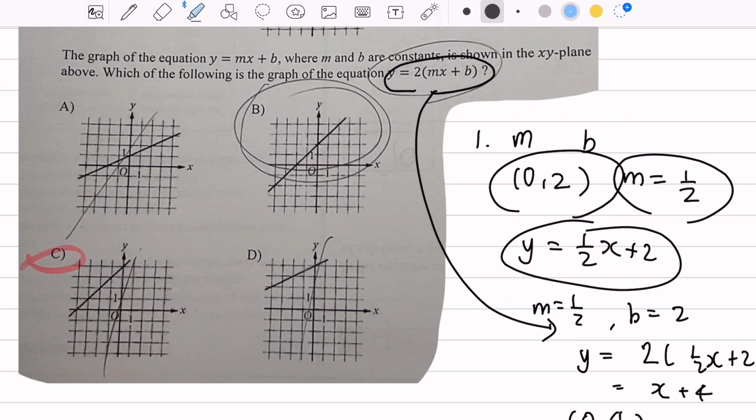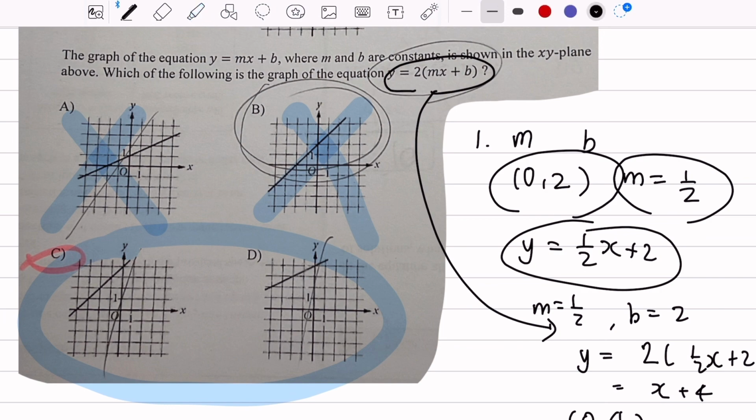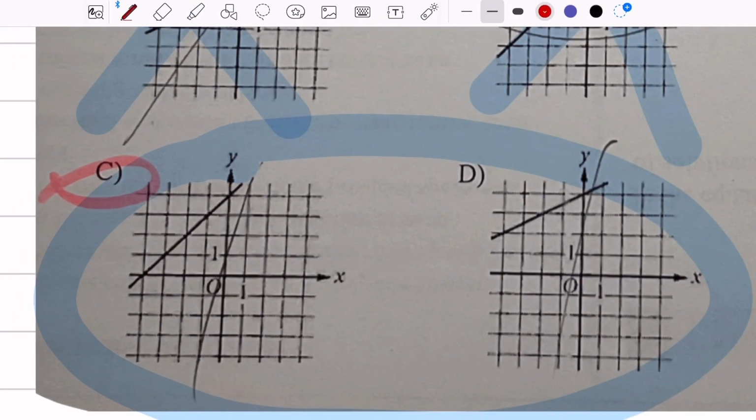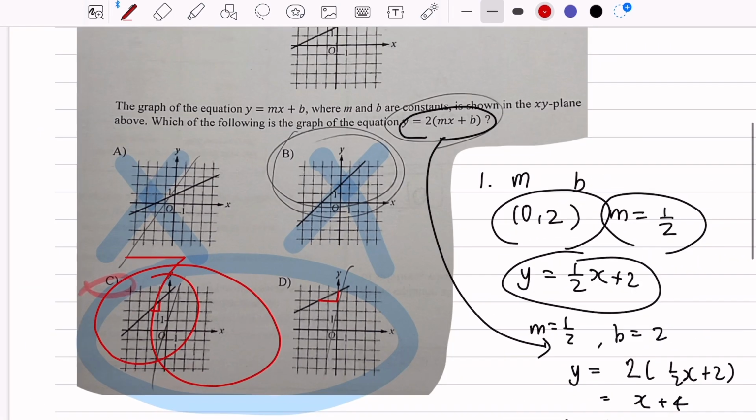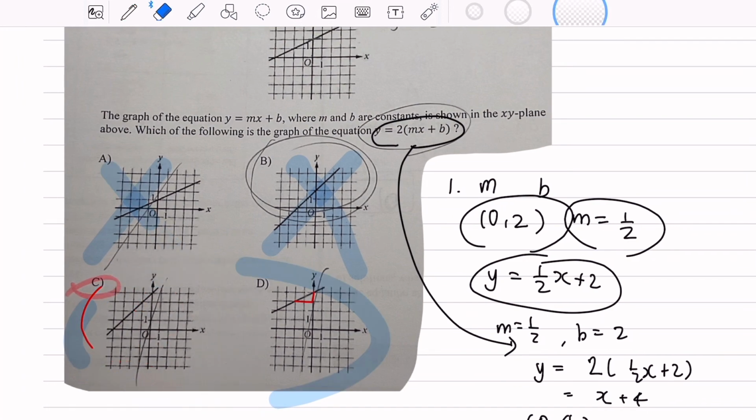So it's not this one, it's not this one, and this one has y-intercept (0, 4), but the slope is 1, whereas the slope should be 1/2. So the answer would be C.